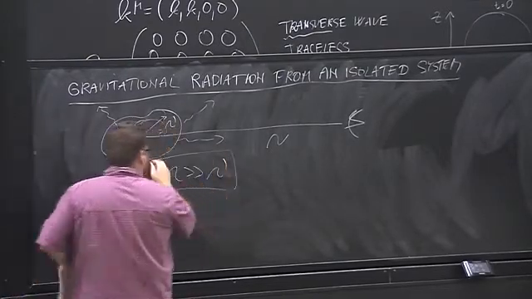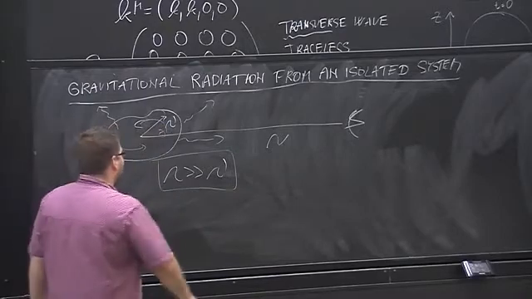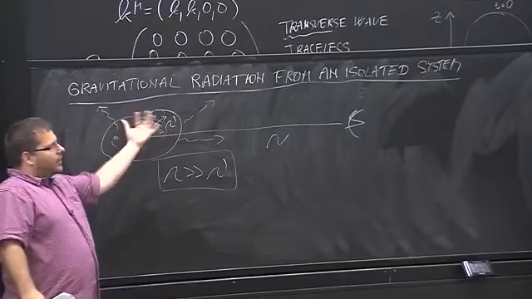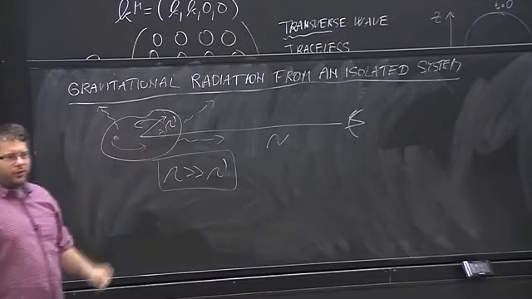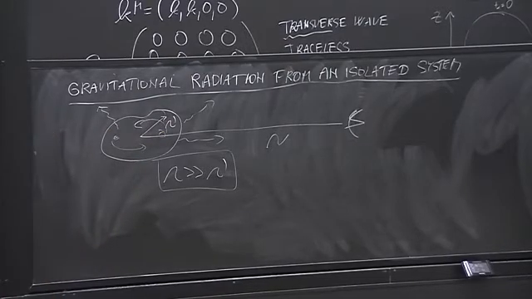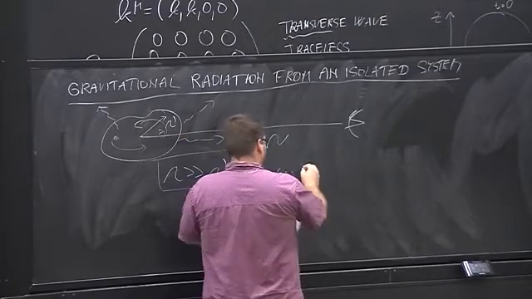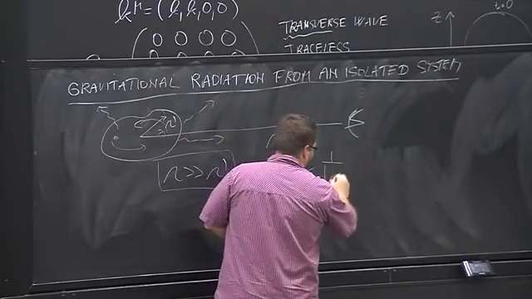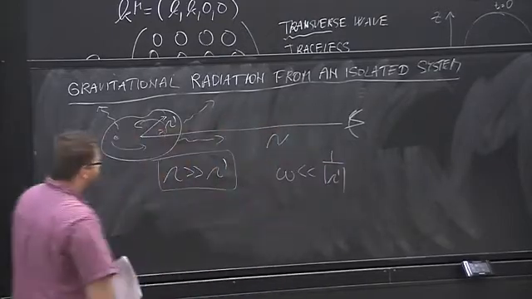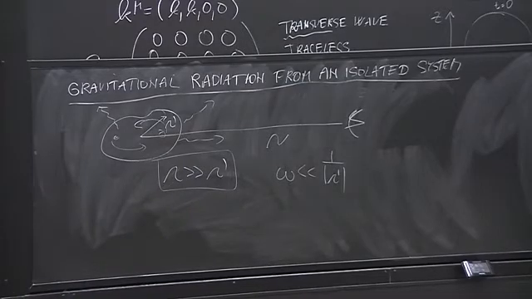Also, we'll be using another approximation. Let's say this thing is orbiting with frequency omega. Whatever I derive is valid for slow motions, which means that the frequency is much, much smaller than 1 over r prime. So, for slow motion.